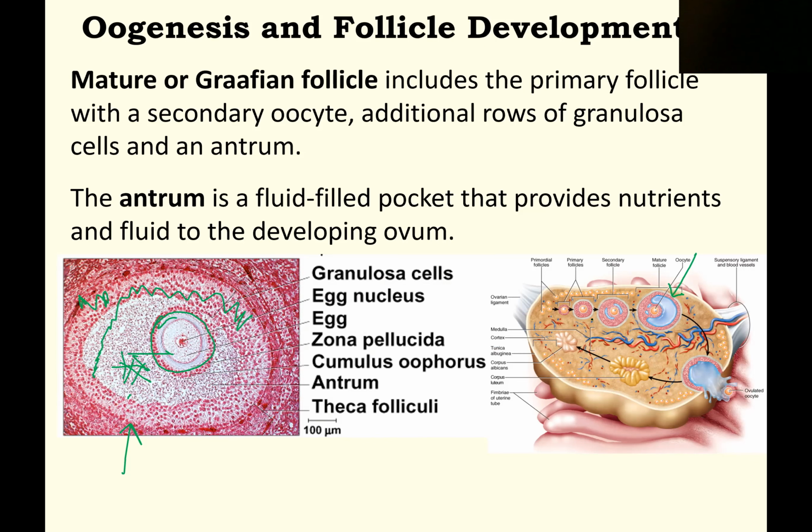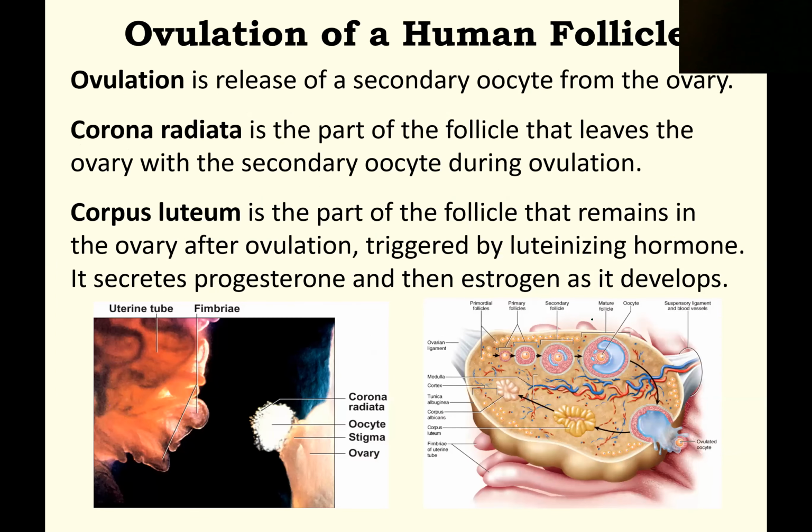Okay, so then we have the terms ovulation, corona radiata, and corpus luteum. So ovulation, which is what we see here. Ovulation is what we see down here in this corner. It's the release of the secondary oocyte from the ovary.